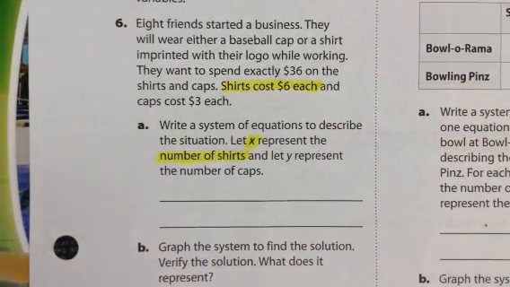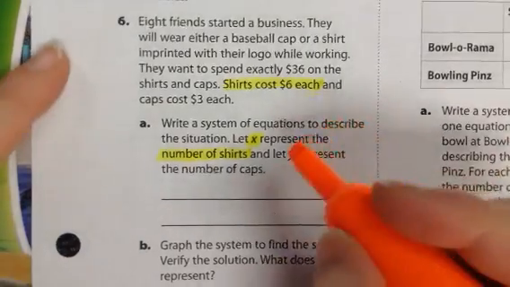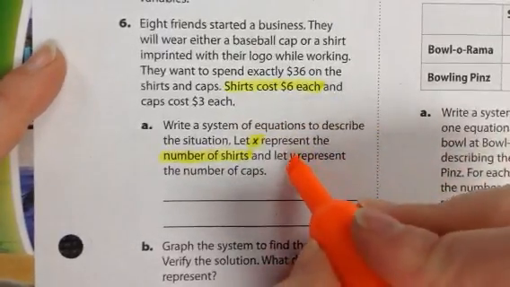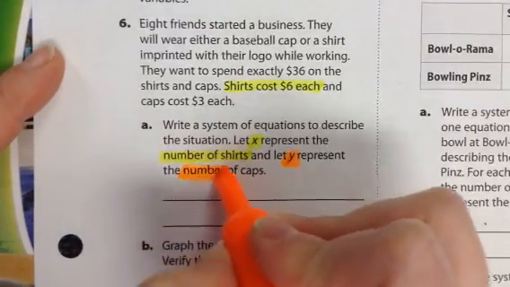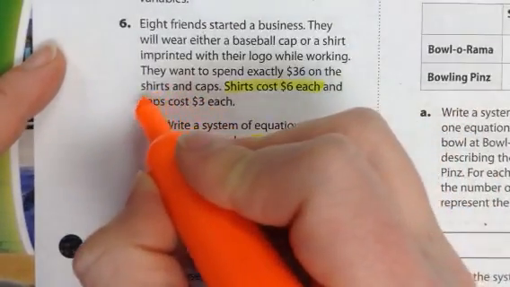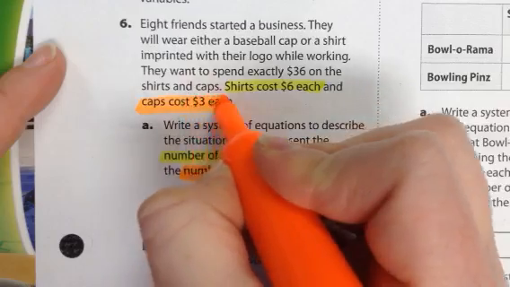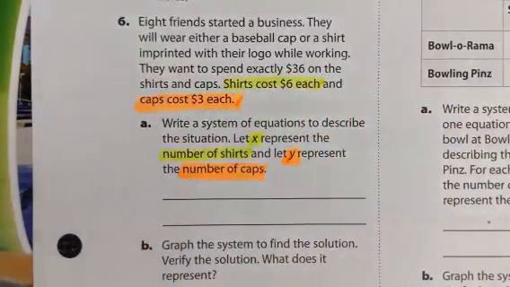That will help me match that number with that variable. I'll have a 6x somewhere. Then in orange I'm going to match up that they said Y is going to be for the number of caps. Caps were 3 each, so I know 3 and Y are going to be matched up.